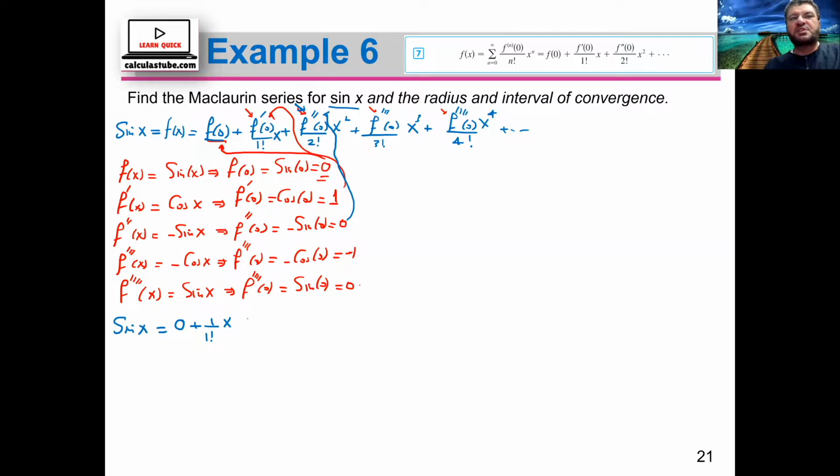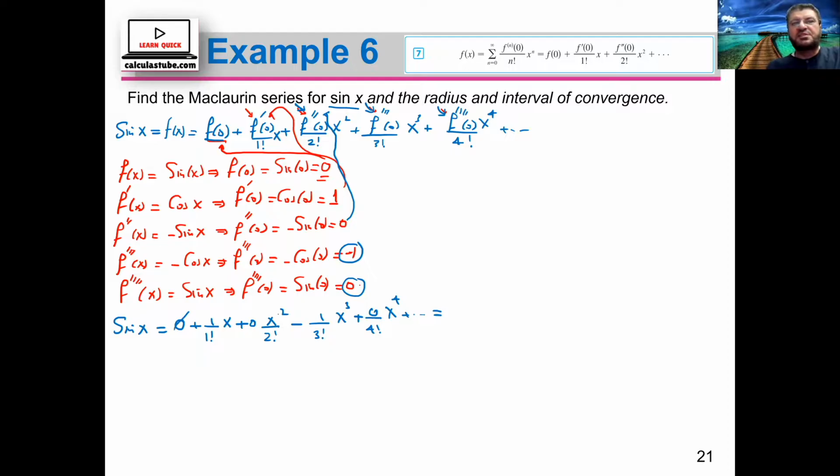So we have 0 times x squared over 2 factorial. How about the third derivative? The third derivative is negative 1, so this must be replaced by negative 1, so minus 1 over 3 factorial times x cubed. The next one is 0. The fourth derivative, here is the fourth derivative, it's a 0. This one is 0 over 4 factorial times x to the 4, and goes on.